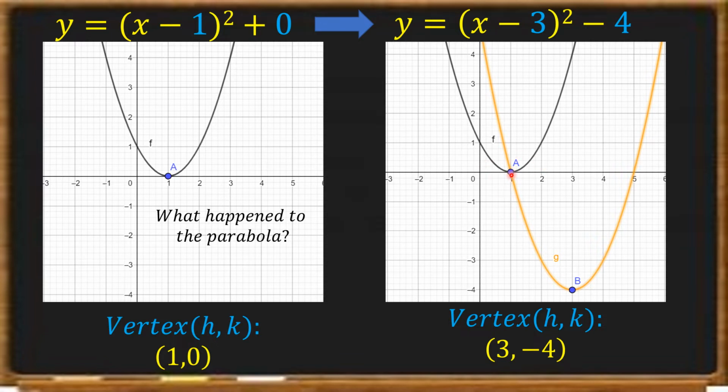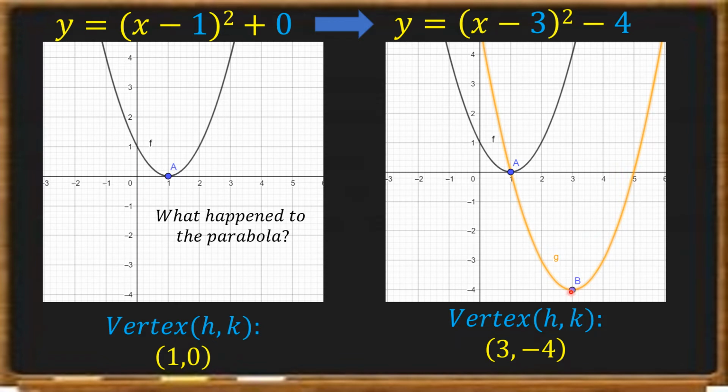From this vertex, it moves here. It moves 1, 2, so you have 2 units to the right, and 4 units downward.